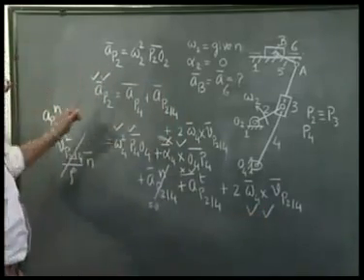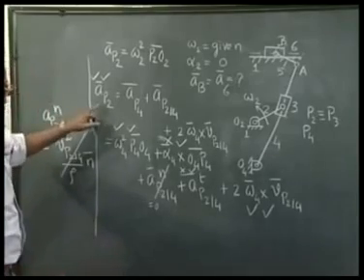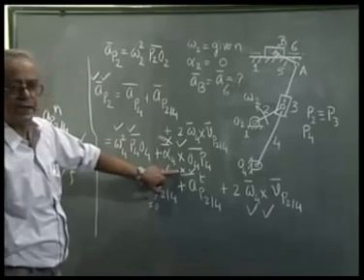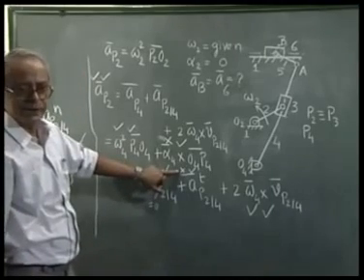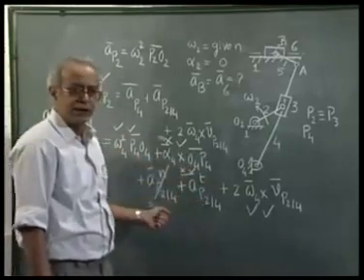So, what we see in this vector equation is that I have one cross here and another cross there. So, there are only two unknown quantities. Consequently, this vector equation can be drawn in the vector diagram.